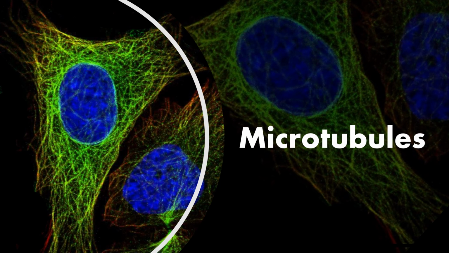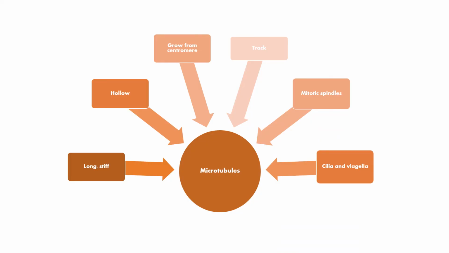The last type is the microtubules. The microtubules are long, stiff, hollow tubes. They tend to grow from central locations within the cell, which are the centrosome. They create a system of tracks across cells.